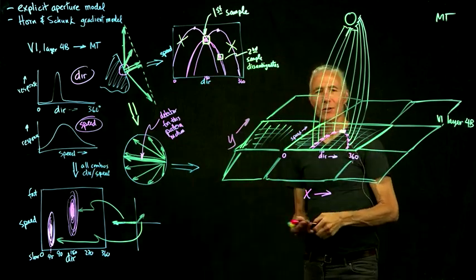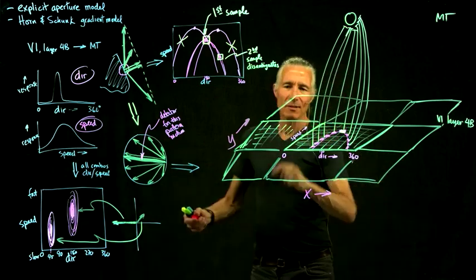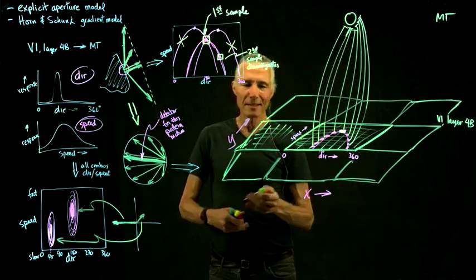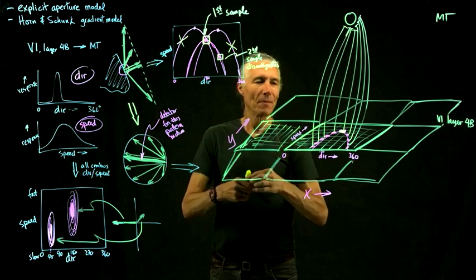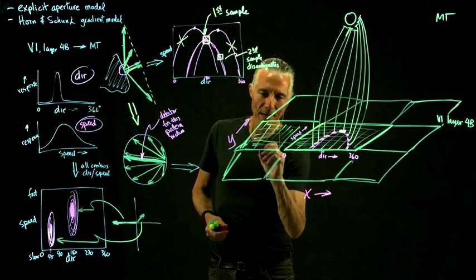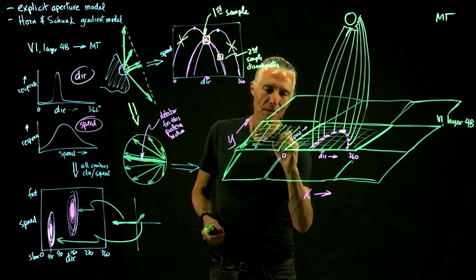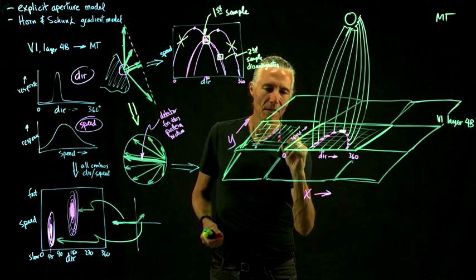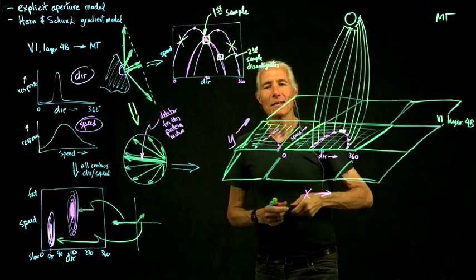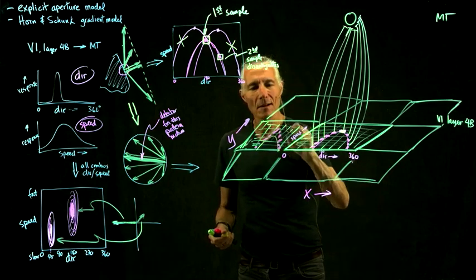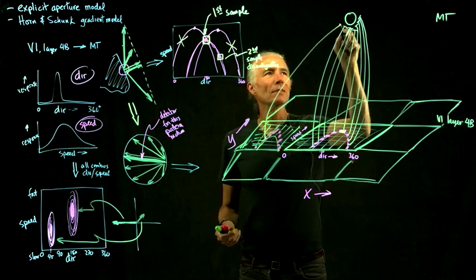So now what do we have to do? Well, we've got to go to all those other places in space and hook those up too. We're going to have to pick out the set of directions and speeds, the same ones that we have there, and then connect all those up.